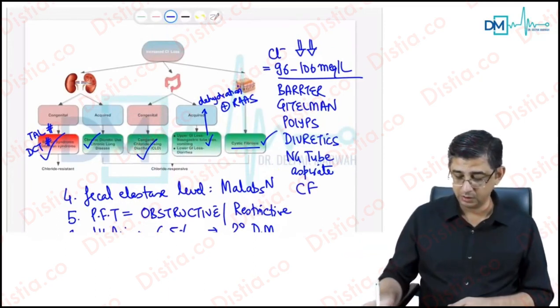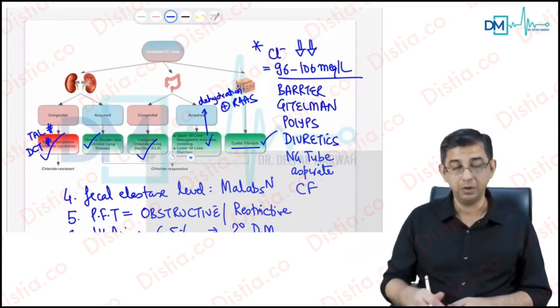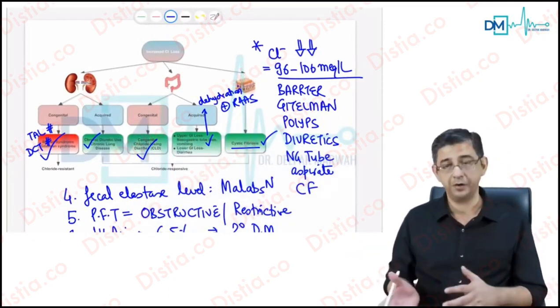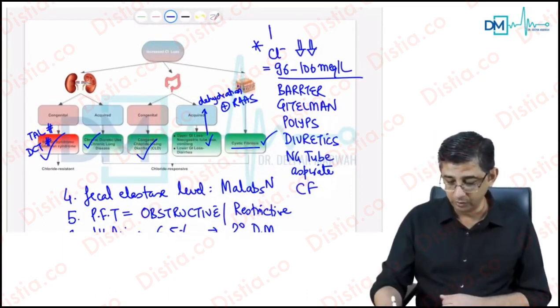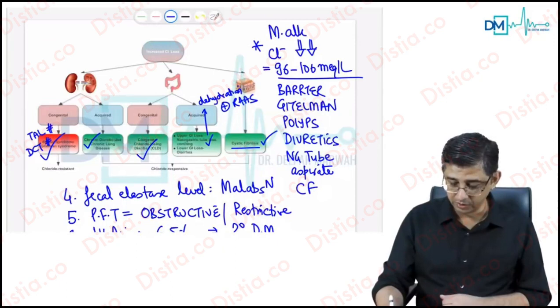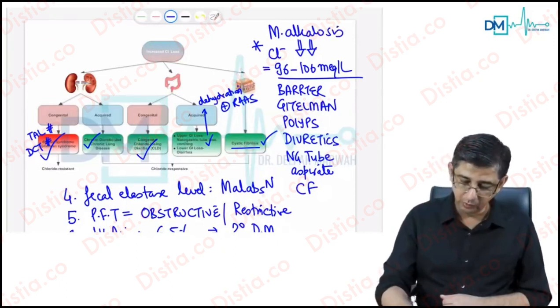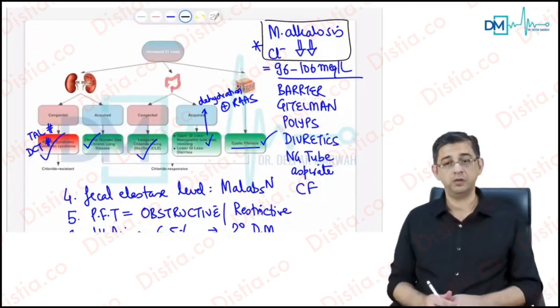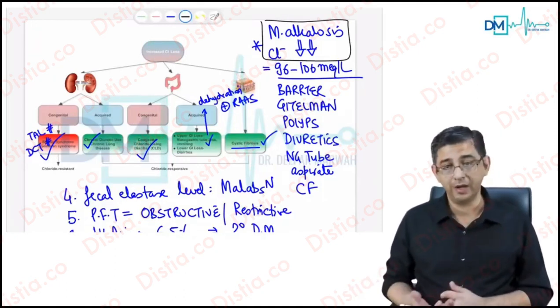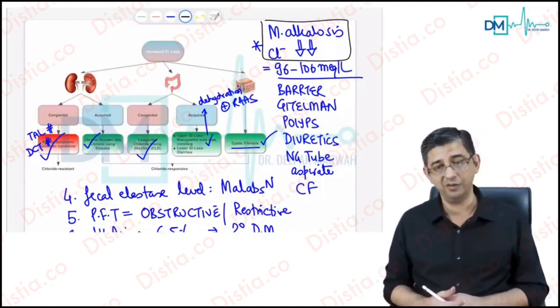So all of these conditions not only contribute to hypochloremia but also contribute to alkalosis secondary to secondary aldosteronism that will occur in these patients. So I would like to list out these causes of hypochloremic metabolic alkalosis in front of you, starting from Bartter, Gitelman, polyps in the gut, diuretics, NG tube aspirate, and cystic fibrosis in the patient.